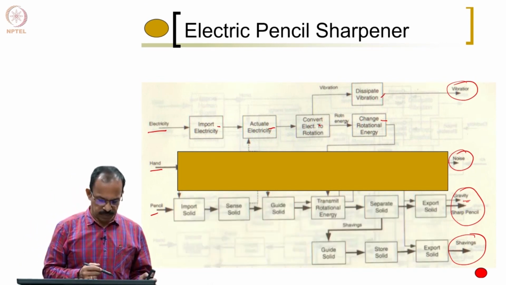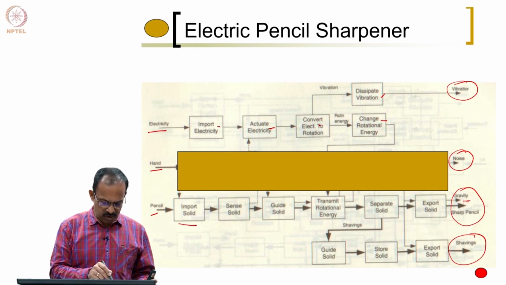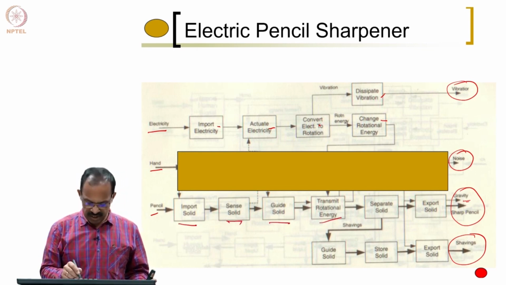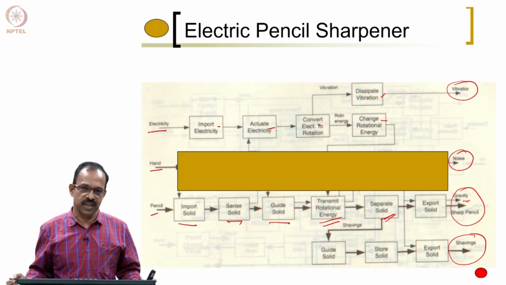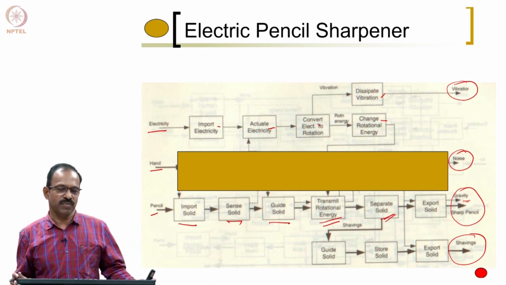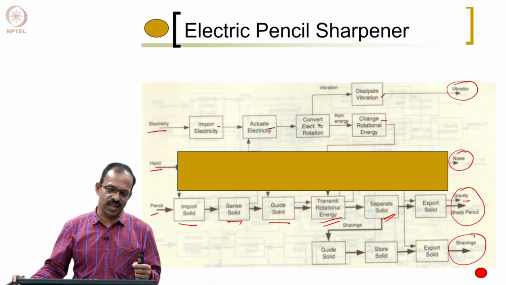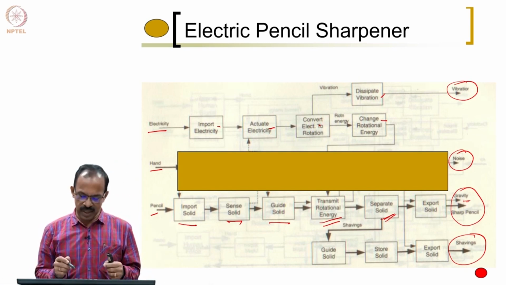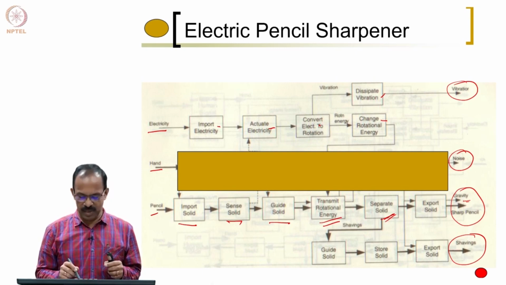And the pencil: import solid, send solid, guide solid, transmit the rotational energy, because you are generating rotational energy, you transmit it here, and then separate solids. So you have to separate solid from another solid. The pencil is taken and sharpened by removing material from it, that is the separate solid, and then export solid.